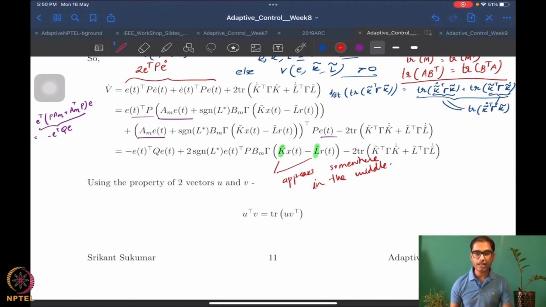So basically, if you have vectors of the same dimension, right? So U and V have to be vectors in some R^k, of the same dimension, otherwise the inner product is not defined. And you take the inner product, that is U transpose V, then this is the same as trace of the outer product, right?